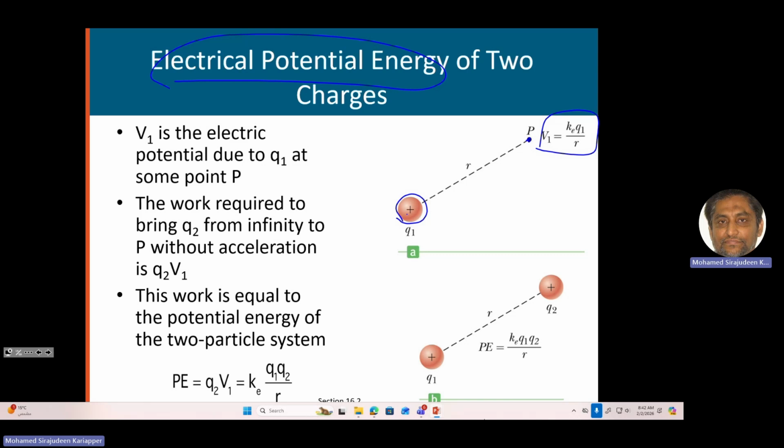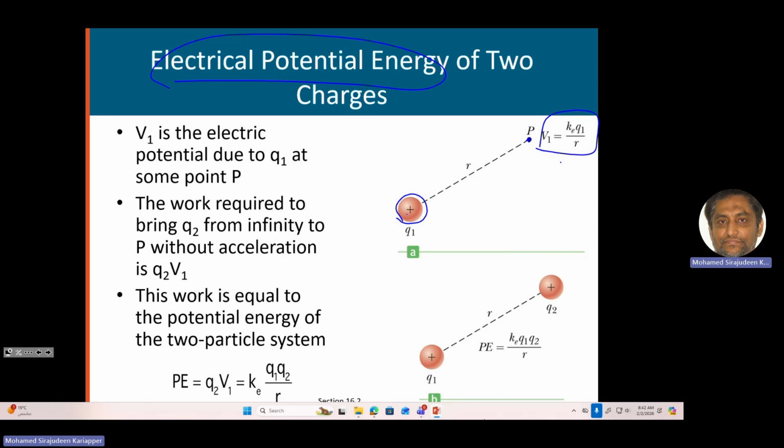That charge Q2 is at infinite distance away, and you bring it to the point P. The work required to bring this Q2 from infinity to that point without acceleration, so you don't supply energy to change its kinetic energy, so only the potential energy is changed.